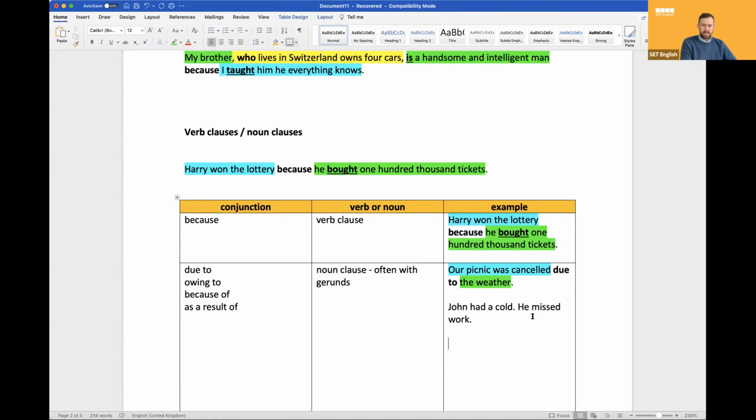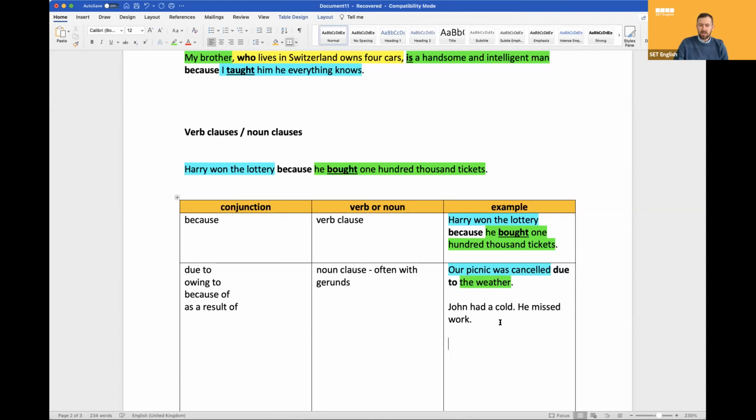Remember that they can come at the beginning of the sentence, but they would always come before this clause. You can change the order of the sentence. We'll look at that in a minute.